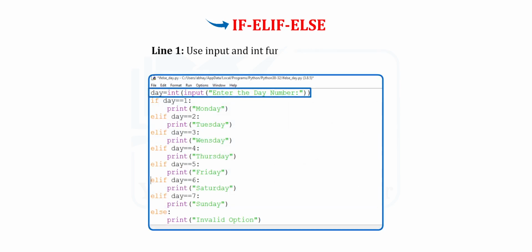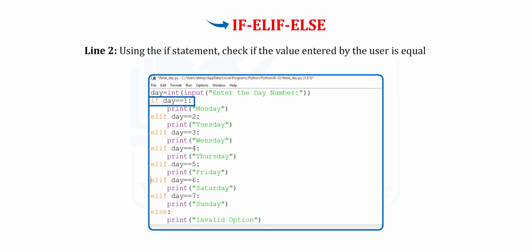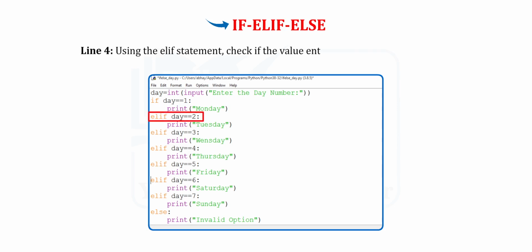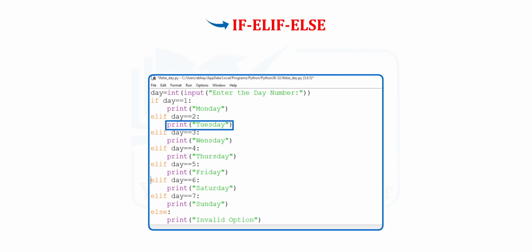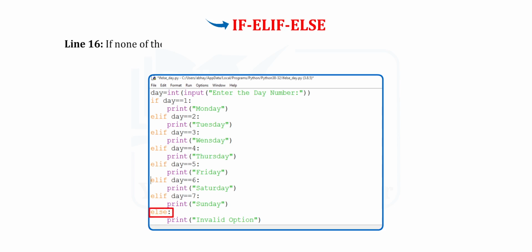Let's walk through the code. Line 1. Use input and int functions to get the value. Line 2. Using the if statement, check if the value entered by the user is equal to 1. Line 3. If the condition in line 2 returns true, then print Monday. Line 4. Using the elif statement, check if the value entered by the user is equal to 2. Line 5. If the condition in line 4 returns true, then print Tuesday. Line 16. If none of the conditions are true, then the statement written after the else block will work.